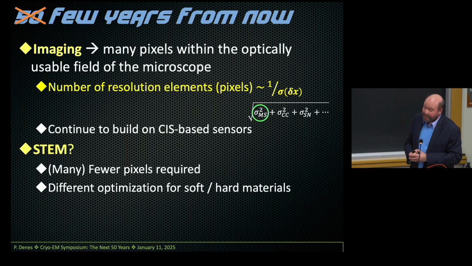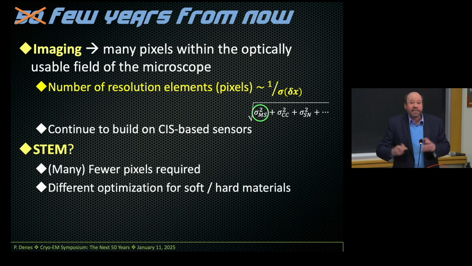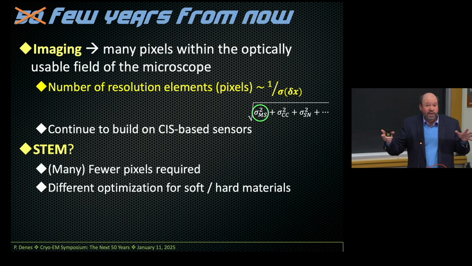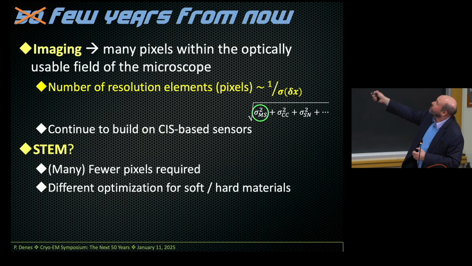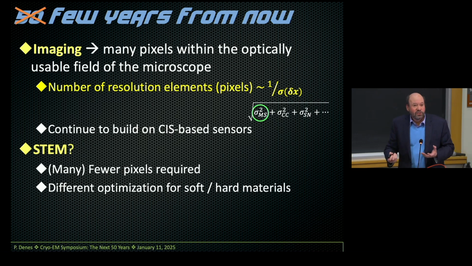I think in terms of imaging, to get many, many pixels within the optically usable field of the microscope, it will still be kind of what we're doing now, a thin sensor with the number of resolution elements limited by the spatial resolution. So there's still some blood to be squeezed out of the CMOS image sensor turnip.